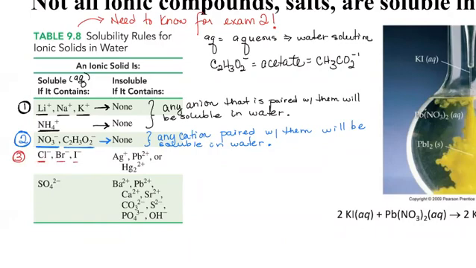Let's move on to the next one, which is chlorine, bromine, or iodine. Chlorine, bromine, or iodine are always soluble, but if they're paired with silver, lead 2, or mercury 1, they become insoluble.